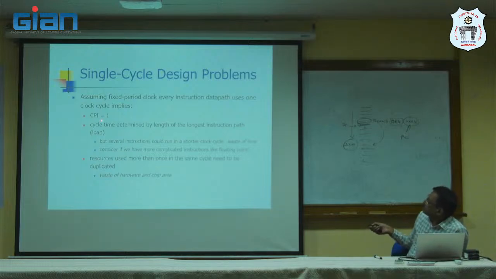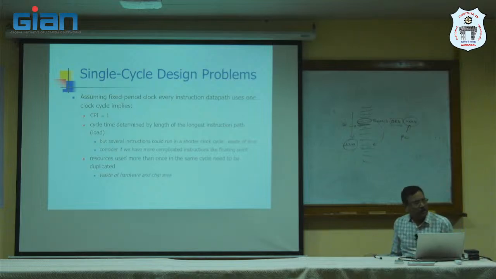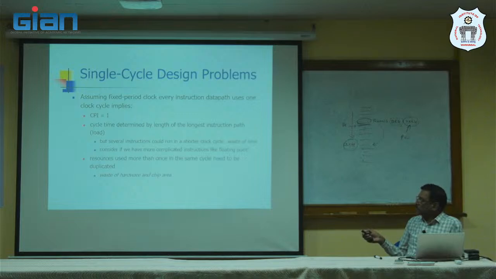So cycle time is determined by the length of the longest instruction path, which is the load instruction. It is taking the longest data path, so that will decide the clock period. Then all instructions have to follow that clock period only.